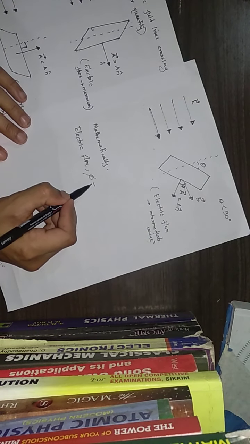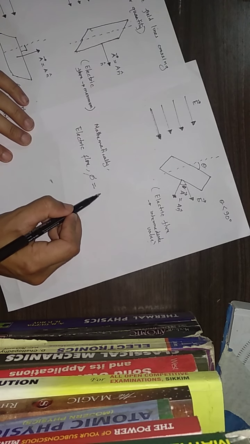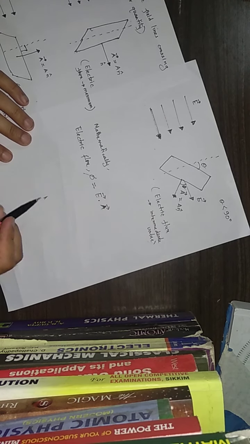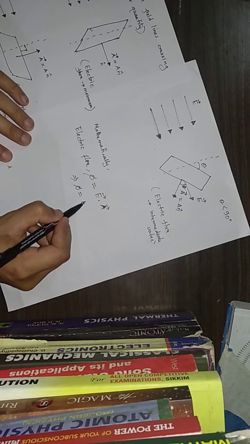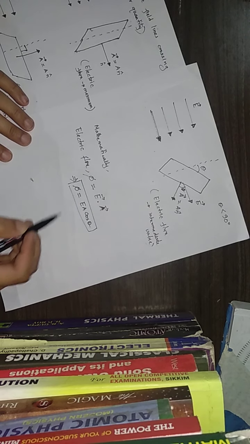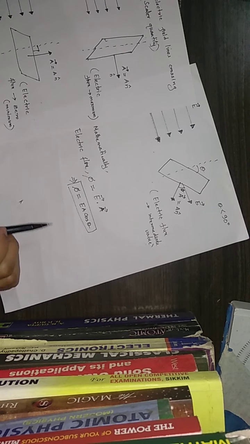So we can represent this electric flux as a dot product of electric field and area vector, E dot A. Now since it is a scalar quantity, E dot A will be EA cos theta. So this is the mathematical representation of electric flux.